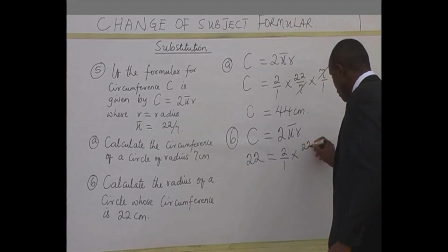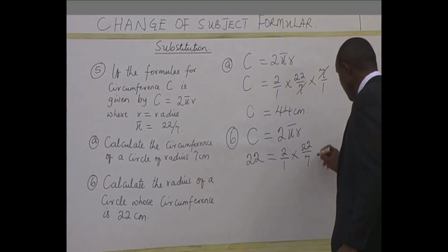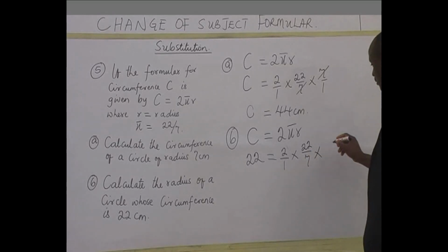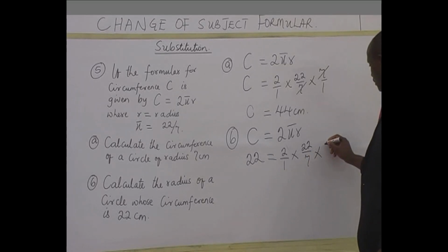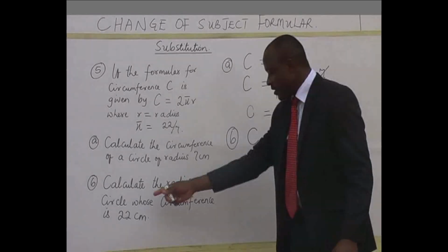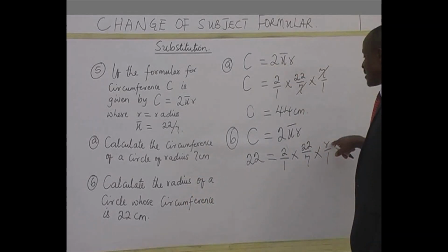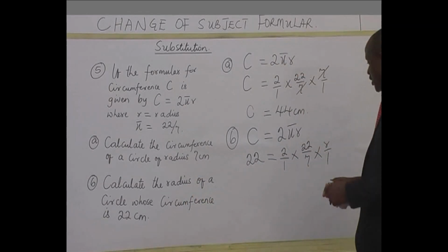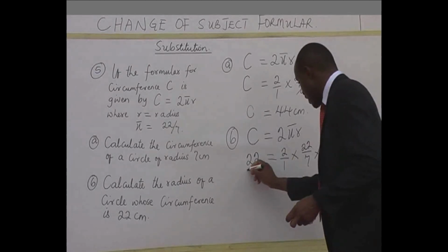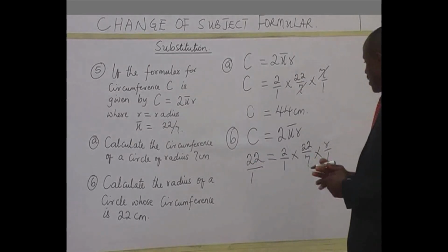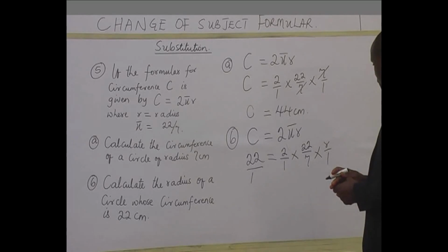I have 22 all over 7, then times r. R all over 1. Remember, the question said that we should calculate the radius. That is why you are left with r as the only unknown in the equation. This is all over 1. Everything brought in fraction form.